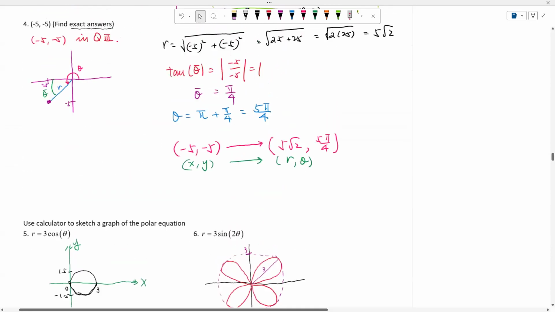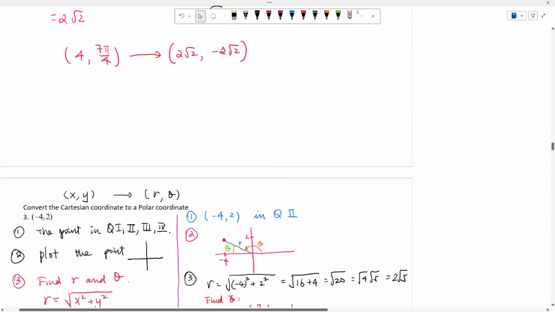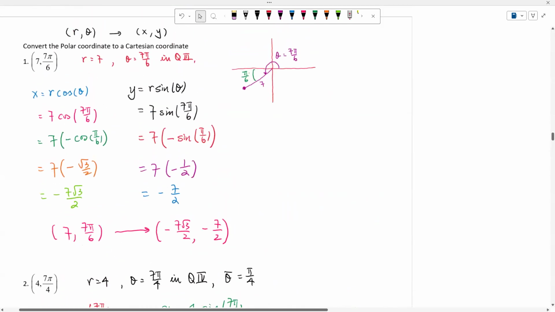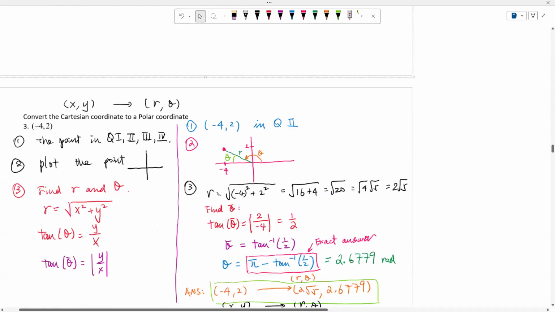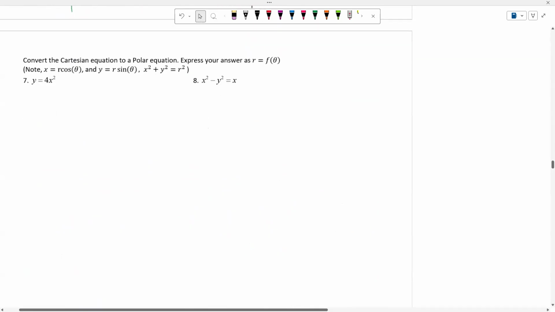Then now, we will be learning how to convert from polar coordinates to Cartesian, or from Cartesian to polar. Right now, what if I have an equation that is in Cartesian form, meaning the equation contains only x and y?